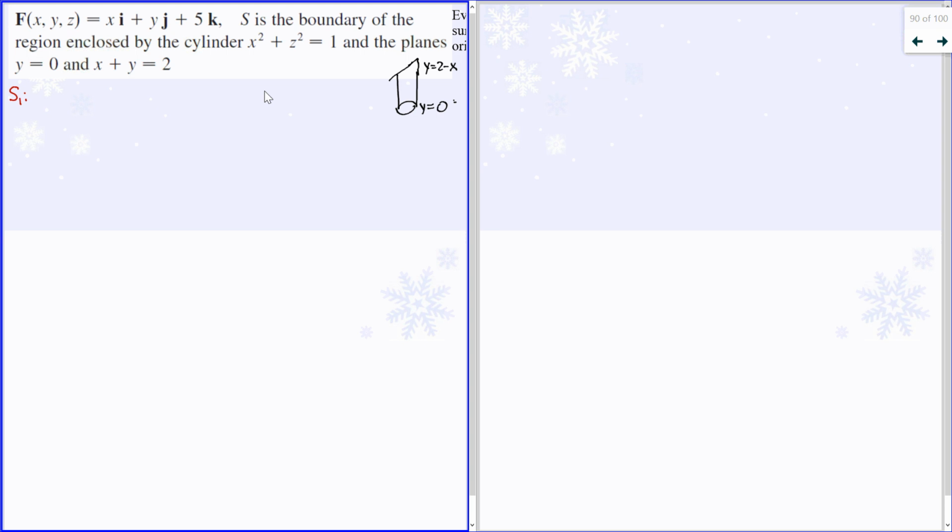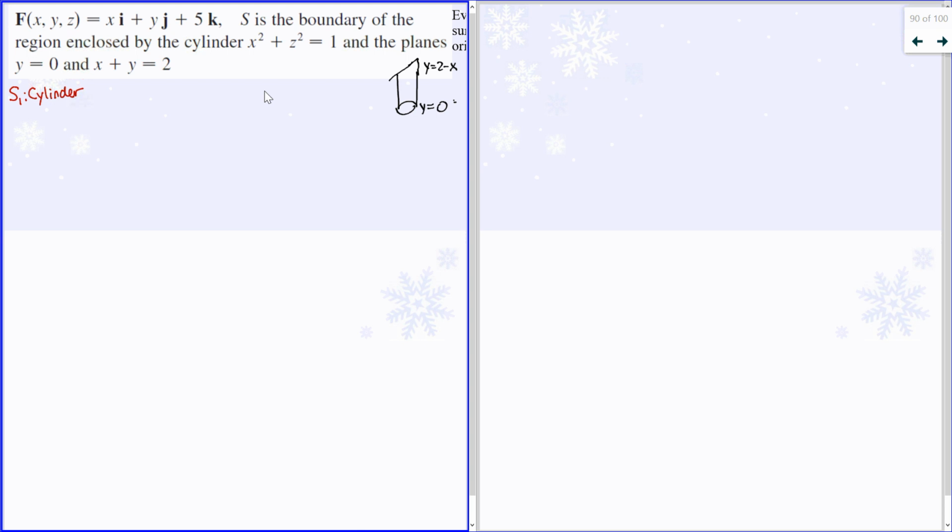And I'm going to do the cylinder. So since it is a cylinder, I'm going to use cylindrical coordinates. So because the action is happening on the XZ plane, I'm going to call x r cosine theta, but we know what r is. r is 1 because you're on the outside. This is just the outside of the cylinder.